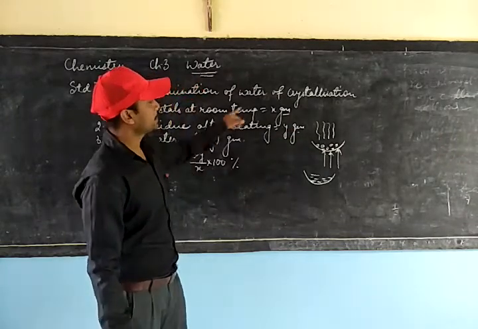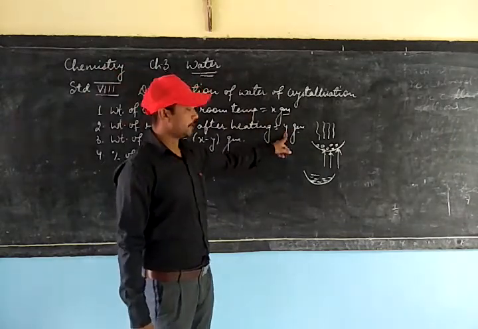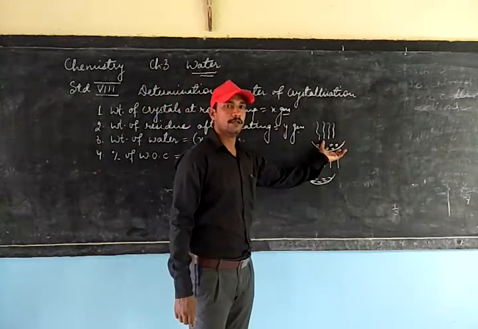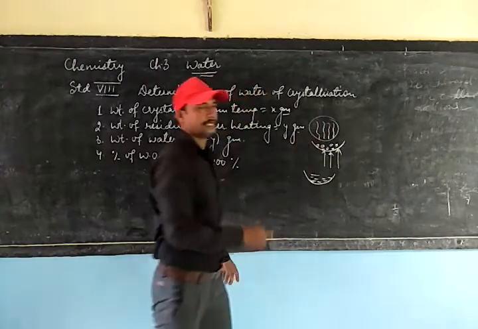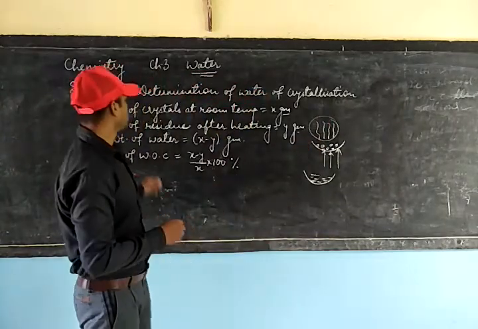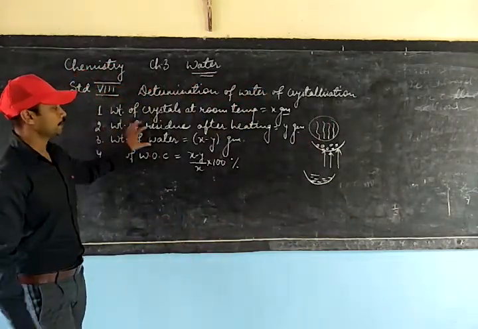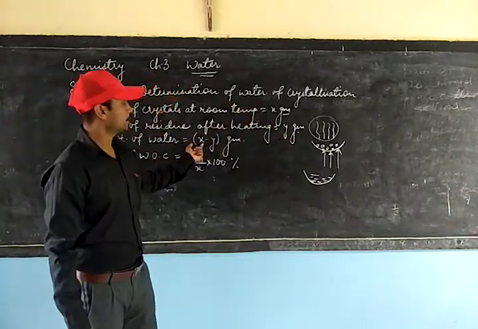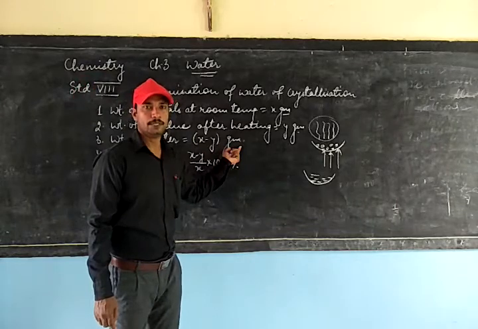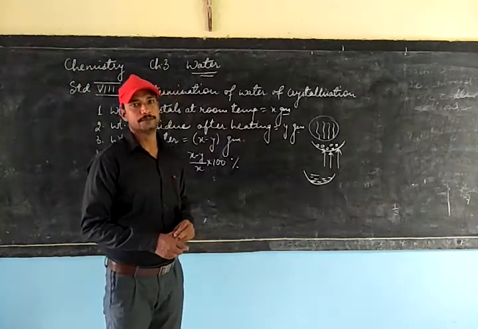Now when you subtract the residue from the crystal, we will come to know the amount of water molecules present in the crystal. So the third step is that to get the weight of water, we have to subtract y from x. So we got x minus y gram as the water present.